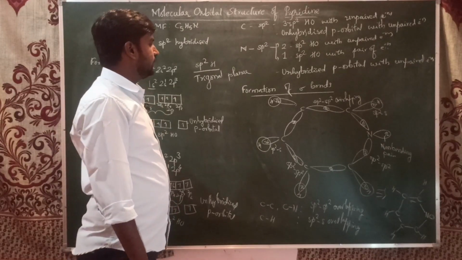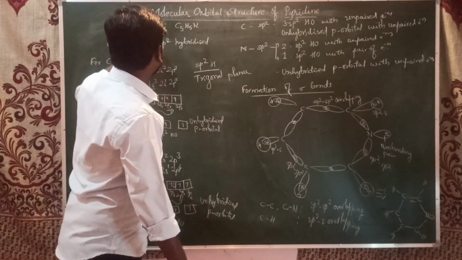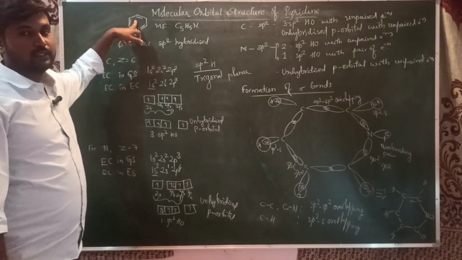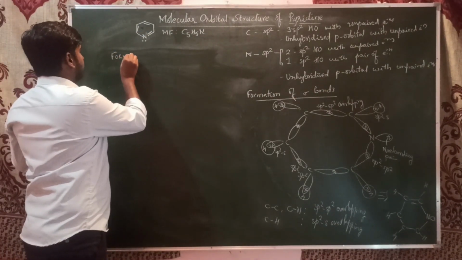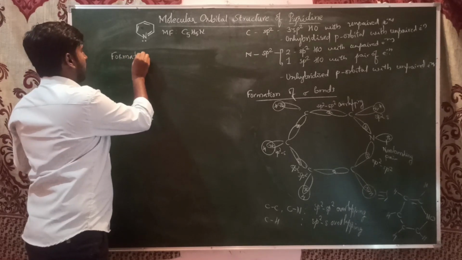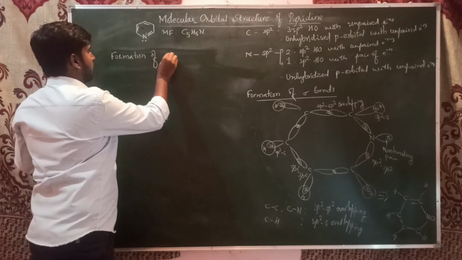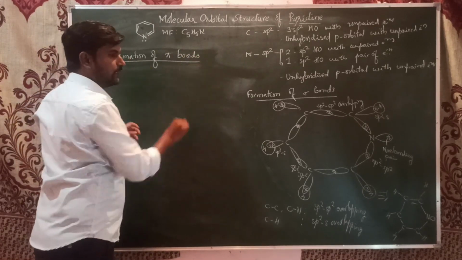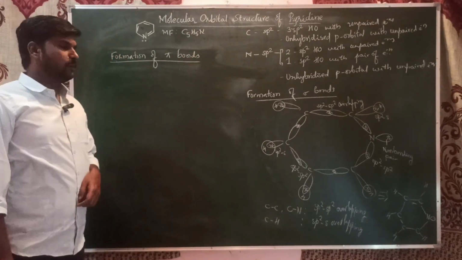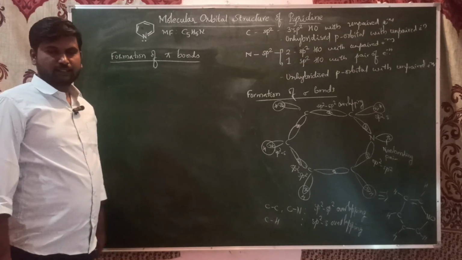Now we'll discuss the formation of pi bonds, because we can see there are 3 pi bonds in the ring. As you all know, the pi bond is always formed after the formation of sigma bonds.